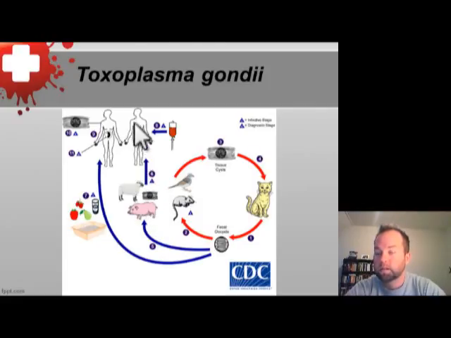Humans can come along and ingest uncooked or undercooked meat products, ingesting these bradyzoites and becoming infected through this route. So, infection occurs through ingestion of bradyzoite cysts from animals, or humans can become infected directly from contaminated soil, food, water, or litter boxes containing sporulated oocysts.